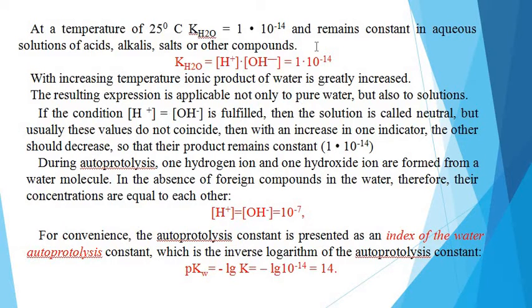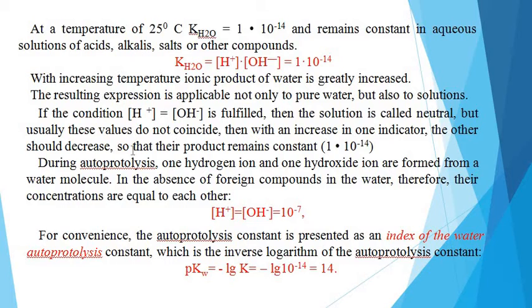And its constant is equal to 10 to the minus 14 power. With increasing temperature, the ionic product of water greatly increases. The resulting expression is applicable not only to pure water, but also to solutions.